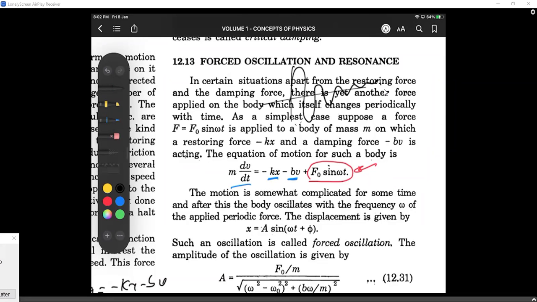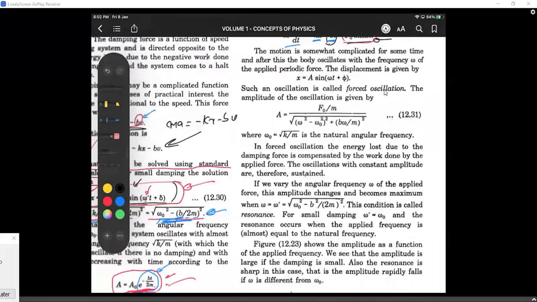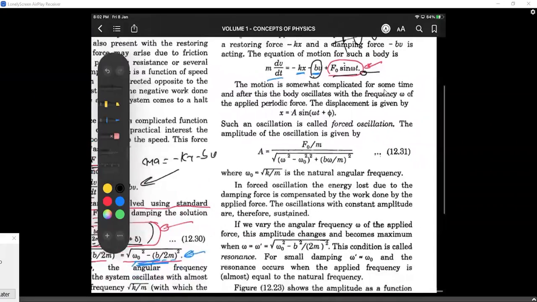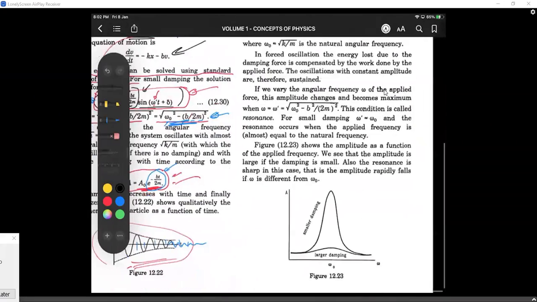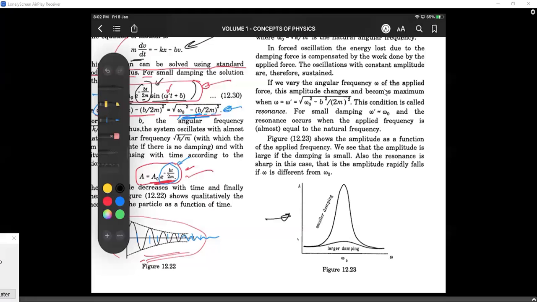They put an external force so that the oscillations keep going. It is very, very difficult to understand the amplitude, the frequency and all.